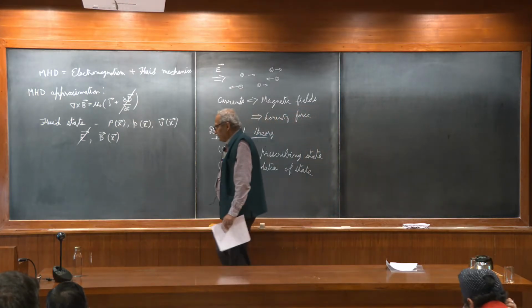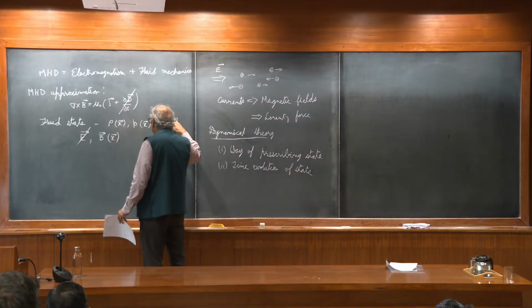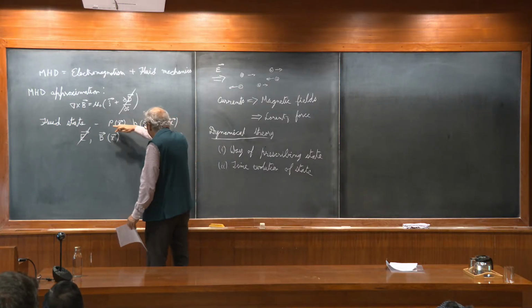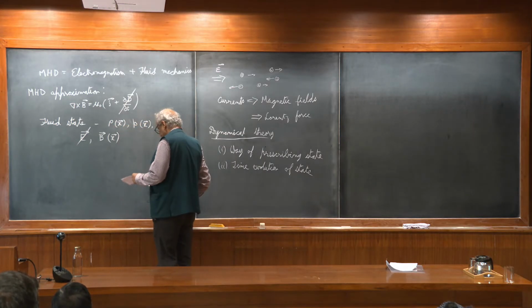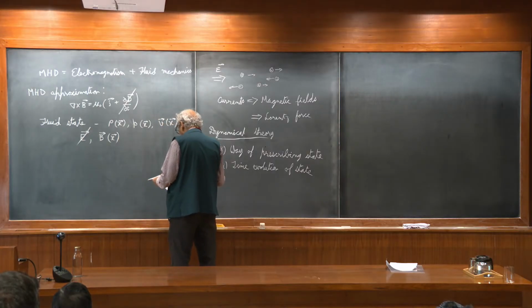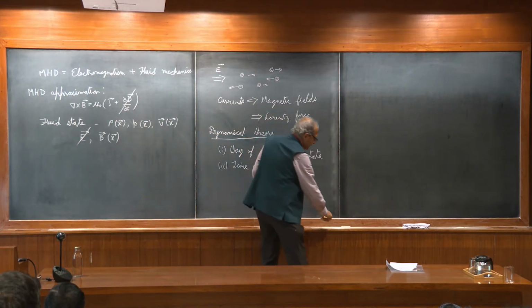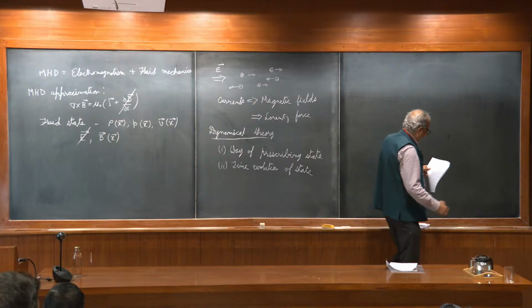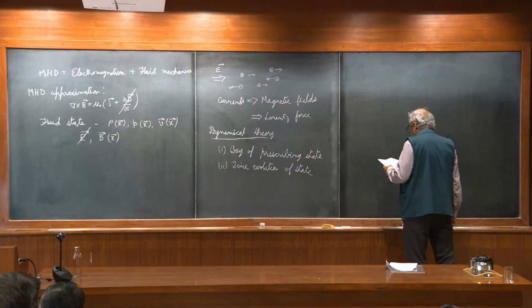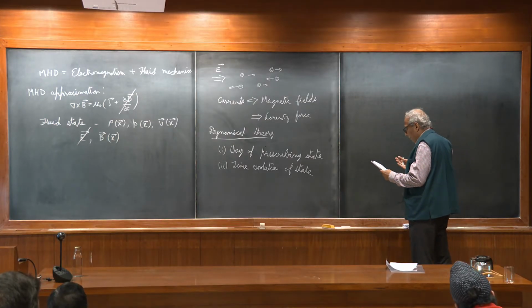So now our job is to find out the time derivative equation of all these quantities. So let us discuss that quickly. Maybe some of the things which I am going to discuss, some of you may know. So for about 5 or 10 minutes, there may be a repetition.